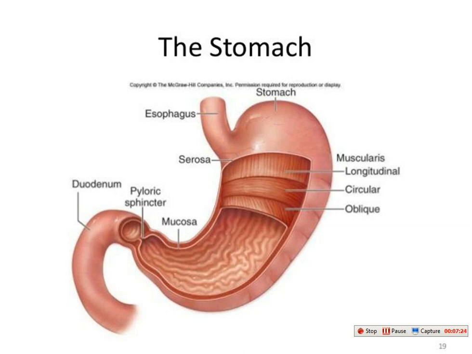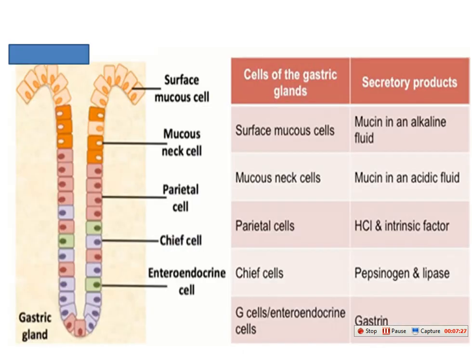Also, there are many secretory cells in the stomach wall, like the cells which secrete mucus, and the parietal cells which secrete hydrochloric acid, as well as the chief cells which secrete pepsinogen and lipase, and pepsinogen changes into pepsin, which digests the protein. And also we have endocrine cells which secrete gastrin.